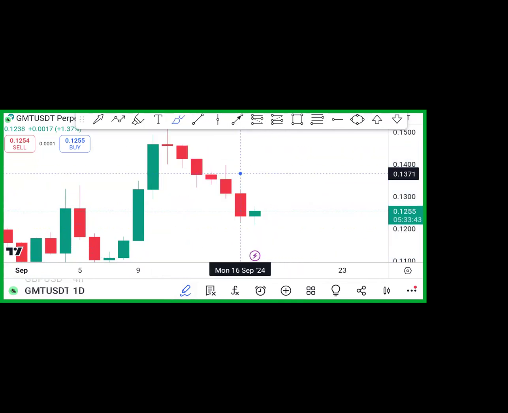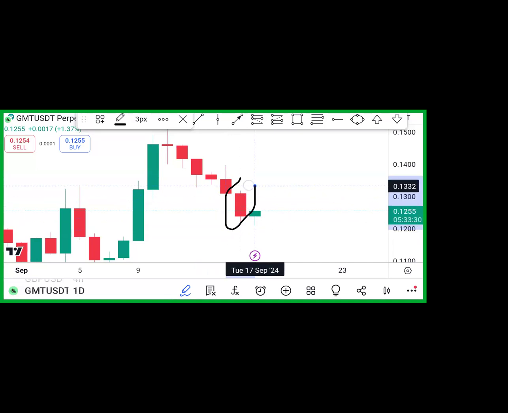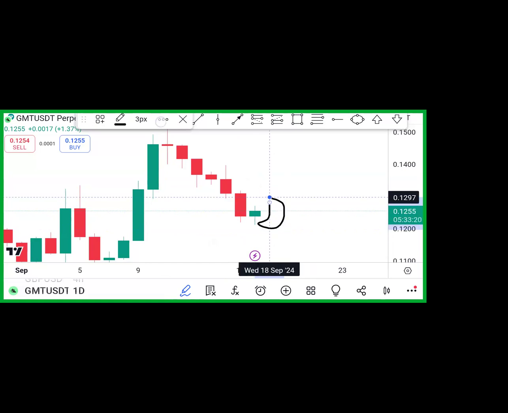If you're on a 15 minutes, one full candle means 15 minutes of price action. Now I'm on a daily time frame, and if I say previous day high and previous day low, I'm literally talking about this previous candle before today's candle. This is today's candle forming. Today's candle is still forming. Once today ends, the next day's candle will start forming again, right?